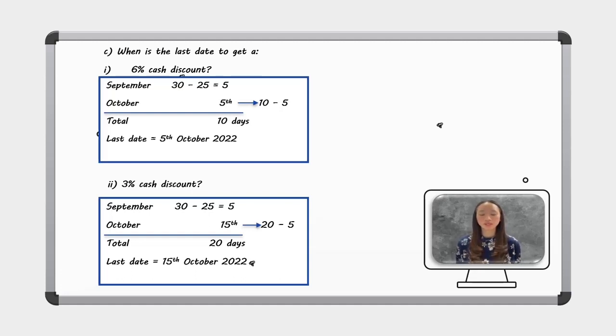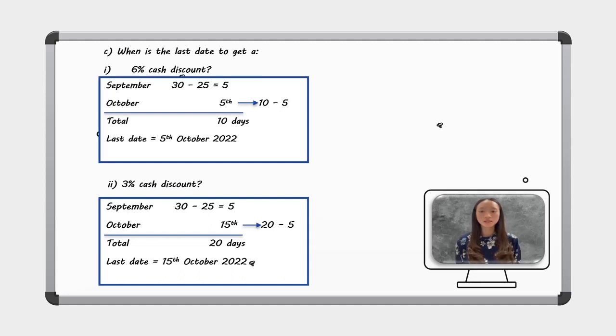Question 2C2. When is the last date to get 3% cash discount? Again, since Elite Sport Company received item on 25th September 2022 and total day for 3% cash discount is 20 days. To solve this question, as we know again, September only have 30 days in a month.